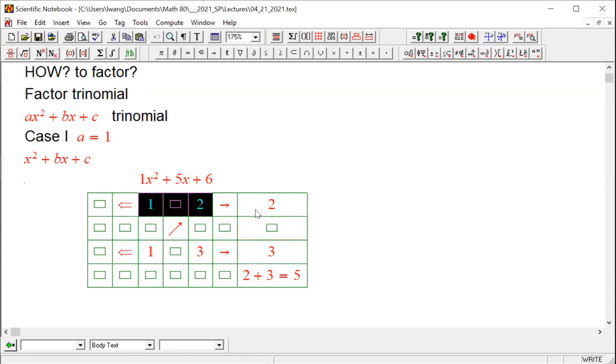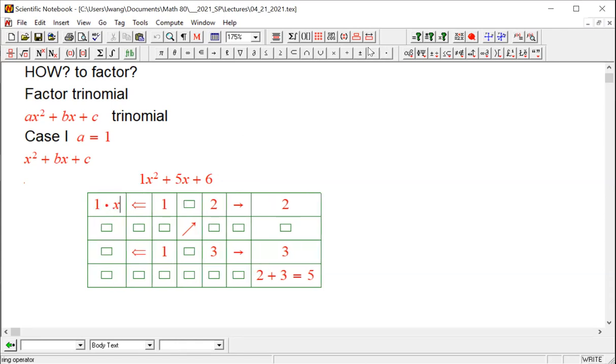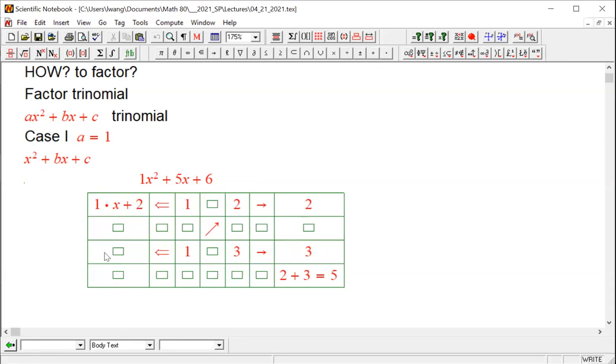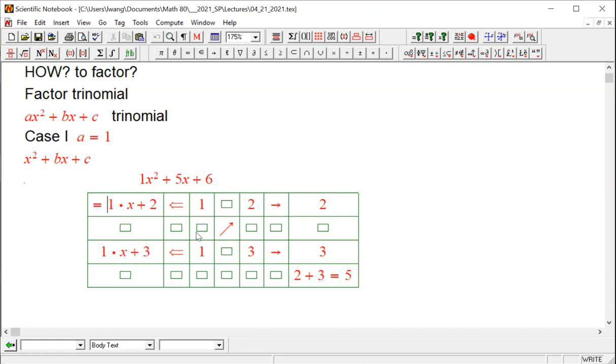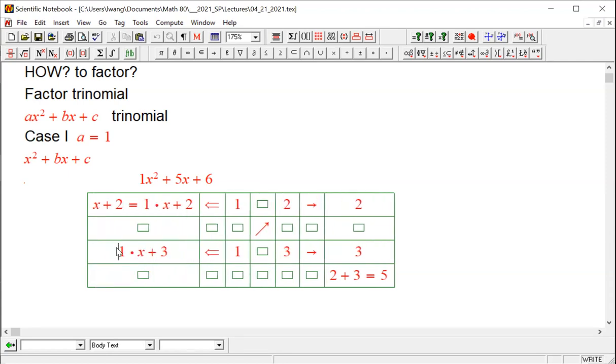And we set it up this way, we made the perfect match. So in the first row, we take the 1 times x and we add the 2. The third row, we take the 1 times x plus 3. And we got our factors.